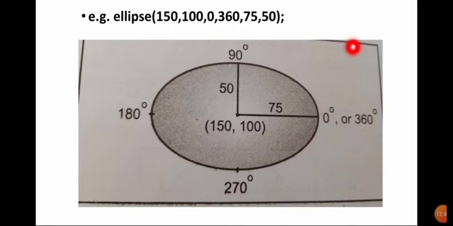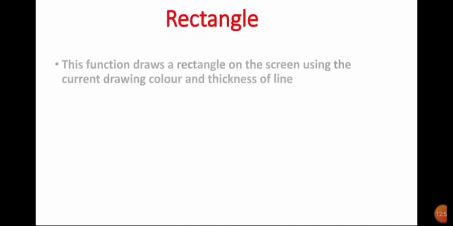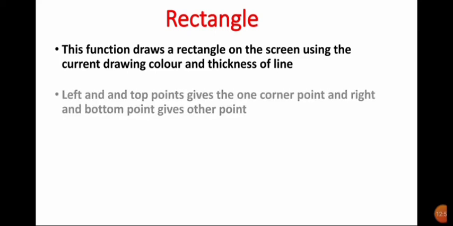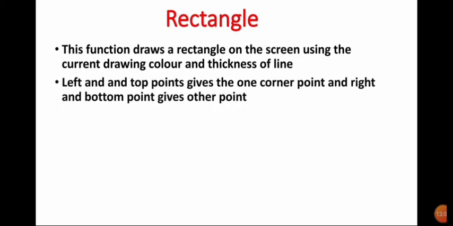Okay, get it now? Let us move towards the next point. Rectangle. The rectangle is a function which is used to draw a rectangle on the screen using the current drawing color and thickness of the line. Left and top points give one corner point, and right and bottom points give the other point.